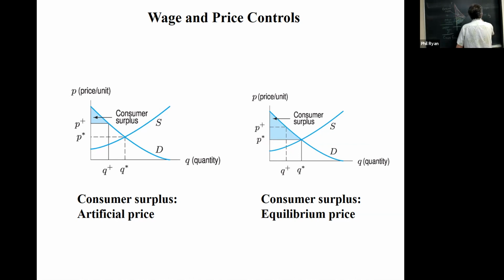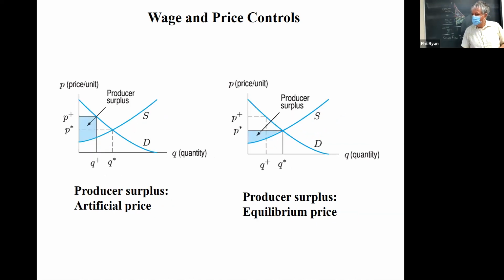The producer surplus, again, is going to have the same bounds of integration. But it's now going to be the market price minus the supply curve.